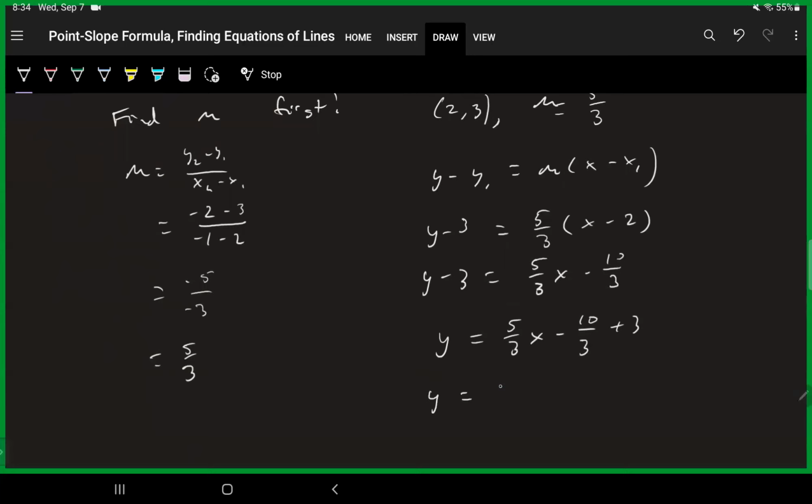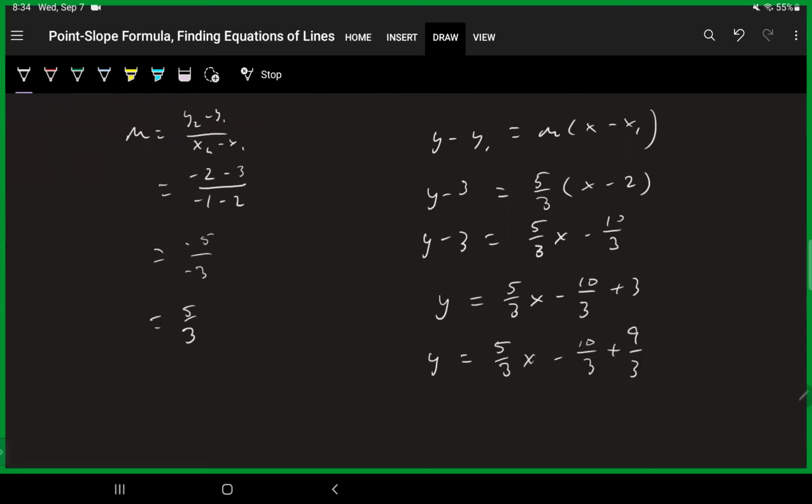Well, that's y is 5/3 x minus 10/3 plus 9/3. And I get y is 5/3 x minus 1/3 for my final answer. So that is how you use 2 points to find the line.